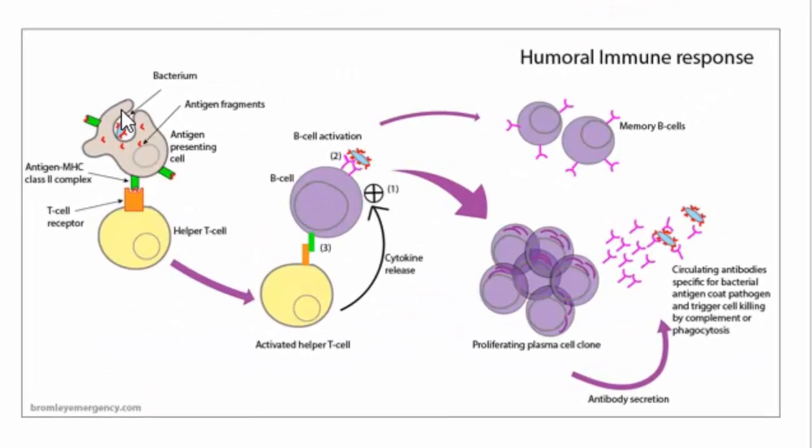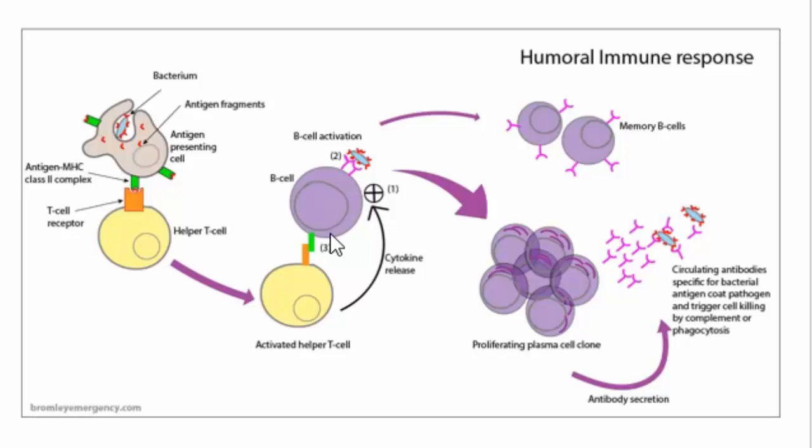We have an antigen-presenting cell digesting a bacterium, breaking it down into its constituent antigenic fragments and expressing those fragments on the surface in association with MHC class II molecules as an antigen MHC class II complex. Helper T cells recognize that antigen MHC class II complex via their T cell receptors and become activated or armed.